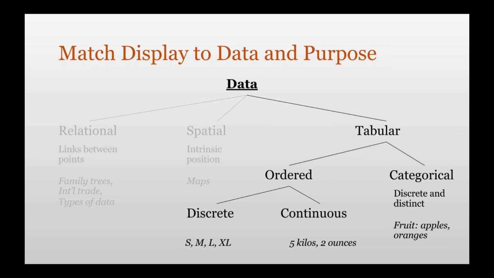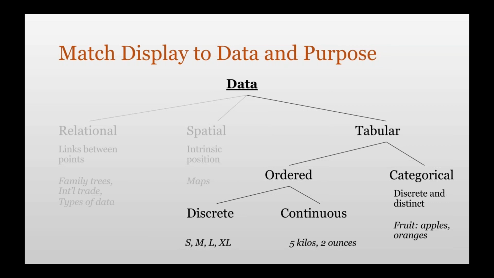So as an example, these are clothing sizes, and it's similar to categorical, but the order still matters. So for discrete ordered data, small, medium, large, extra large, the order of that matters. Small is smaller than a medium, which is smaller than a large, etc.